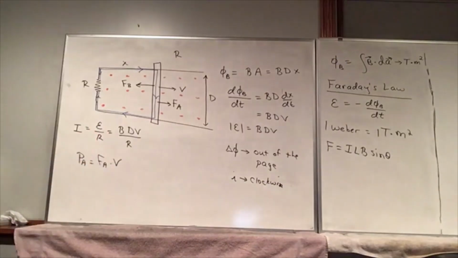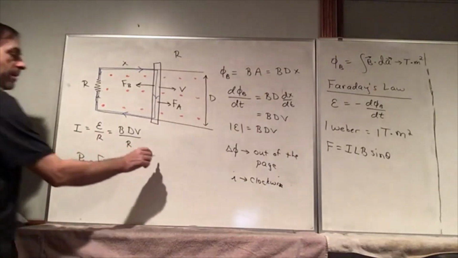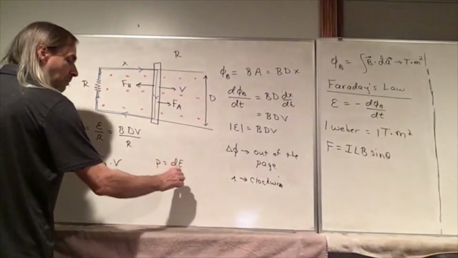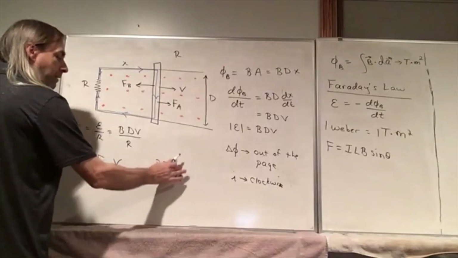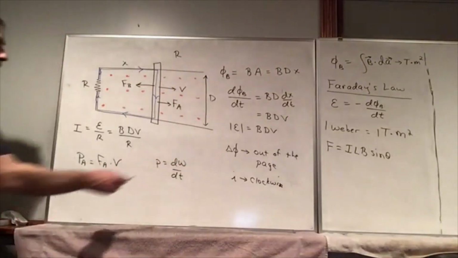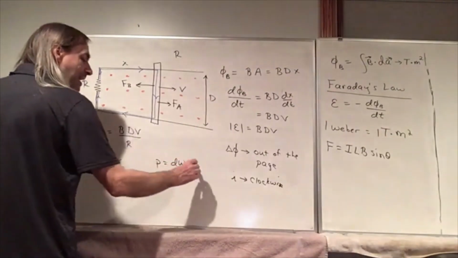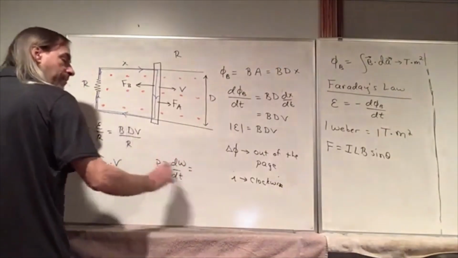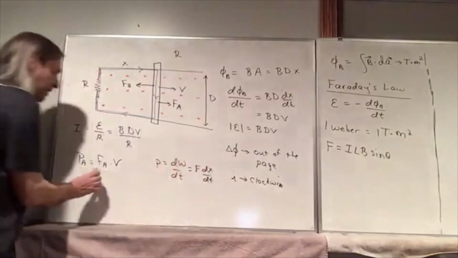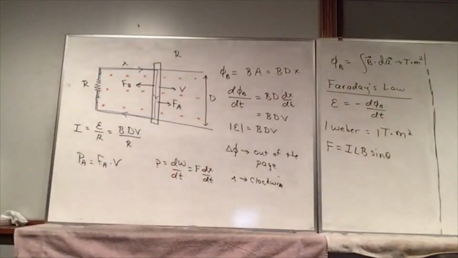Power is, in this case, the rate that work is being done. And if we have a constant force, work is force times distance. And so we just have force times velocity.